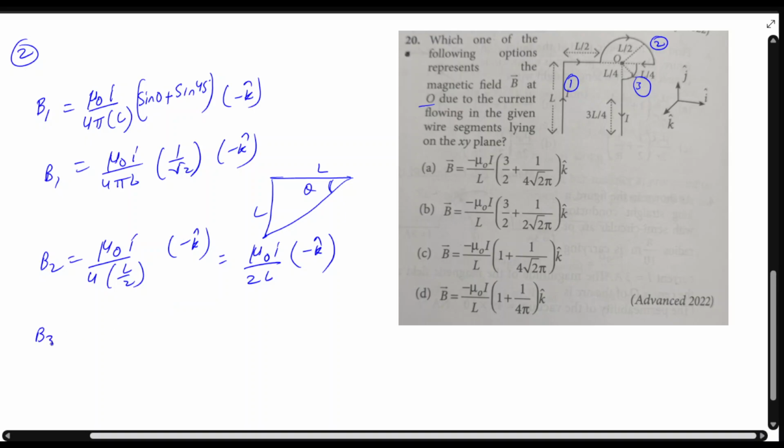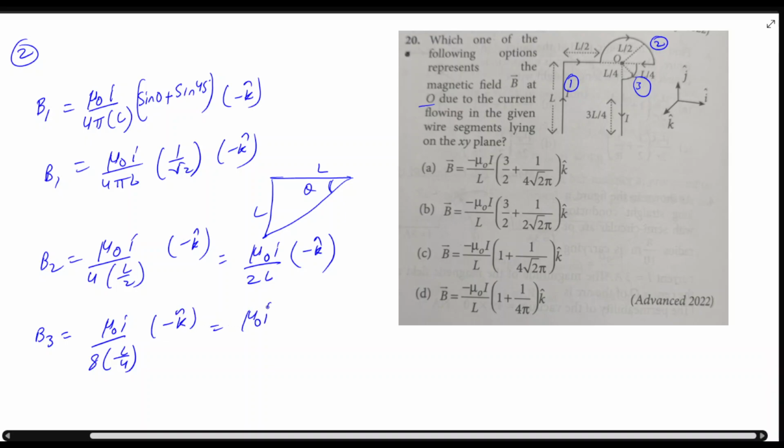For B3, the magnetic field due to the third loop will be mu naught I upon 8, and the radius will be L by 4, and the direction will again be minus k cap. So we'll get mu naught I upon 2L, minus k cap.